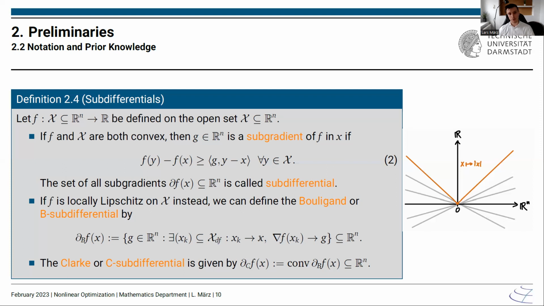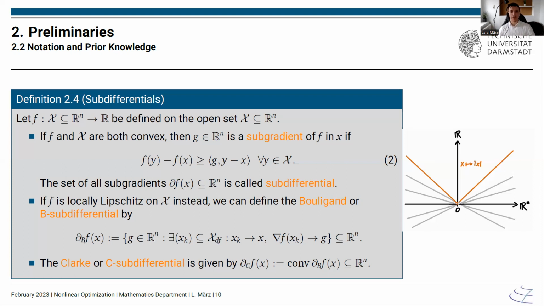Then this vector is in this set ∂_B f(x). So for the absolute value, this would be the set only containing -1 and 1 in the origin, because it always depends from which side you approach the origin, but there will always be just these two possible vectors in that set.